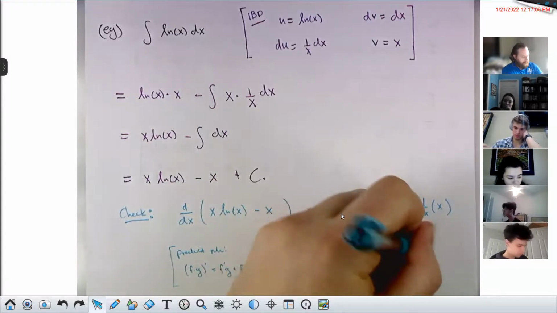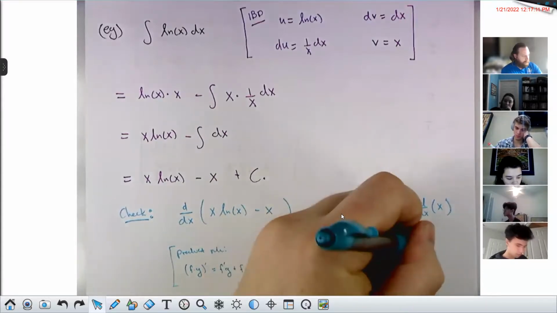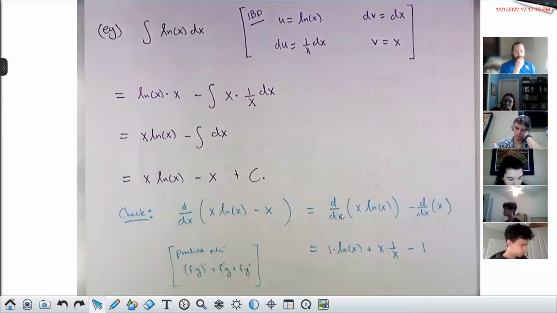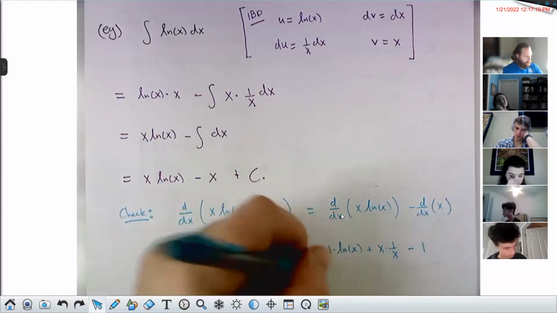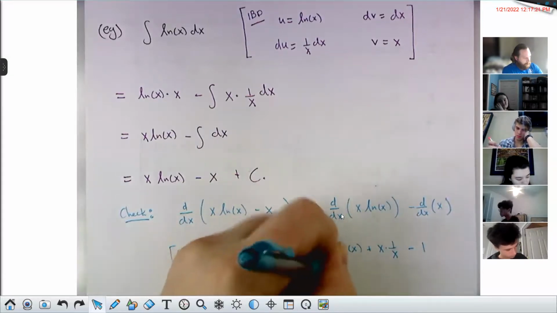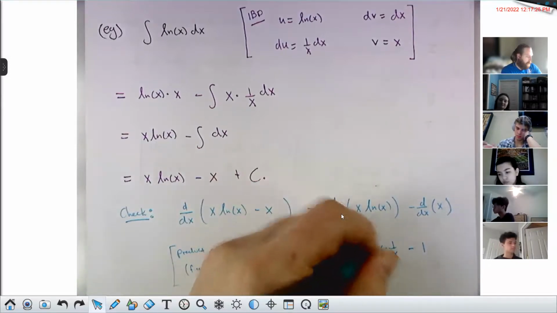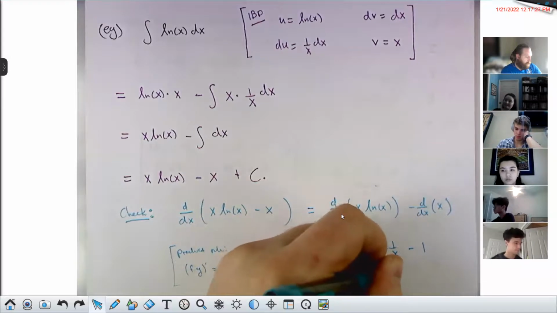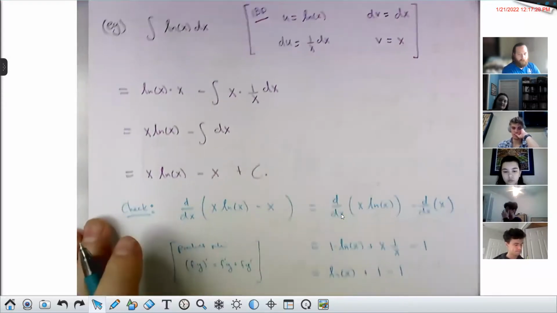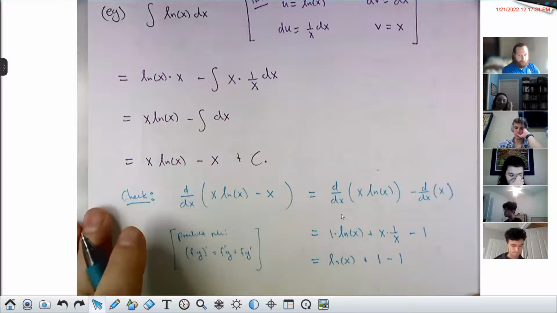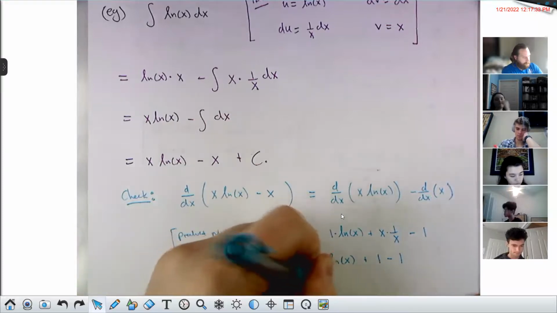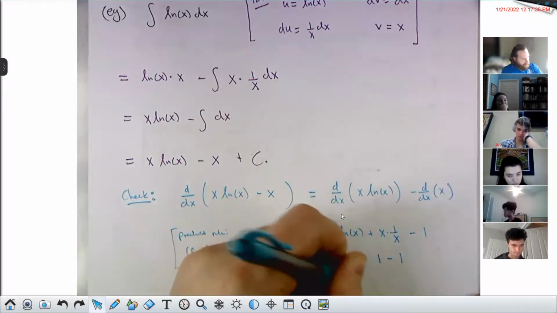Minus, and the derivative of x is 1. And finally, 1 times ln of x is ln of x. X times 1 over x is 1, and you've got the minus 1 at the end. 1 minus 1 is 0, so this is just ln of x.